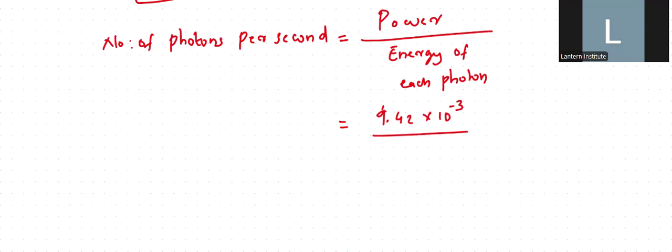How did you get this value? Because energy is equal to h nu. After solving this, you get 3.14 into 10 to the power minus 19. Then you will get the number of photons per second. That is the second part.